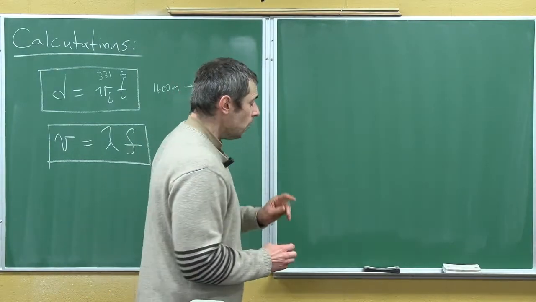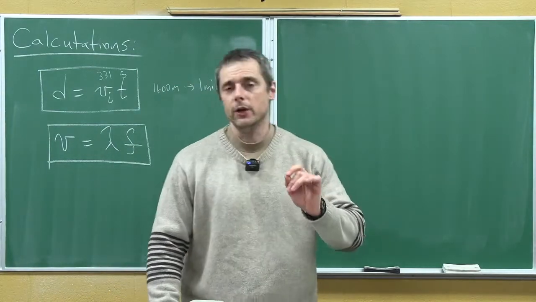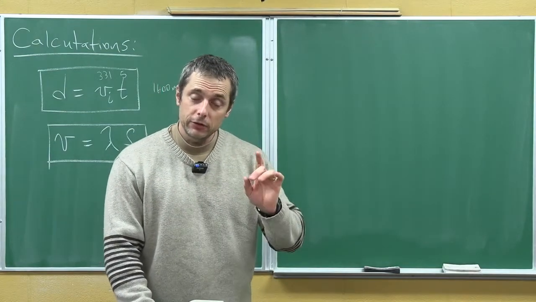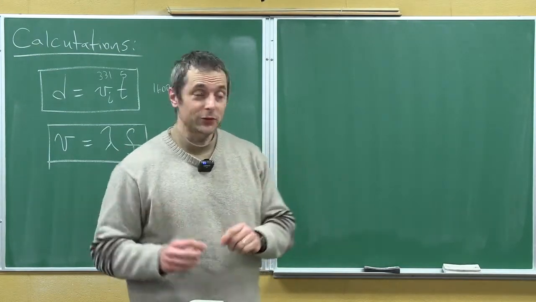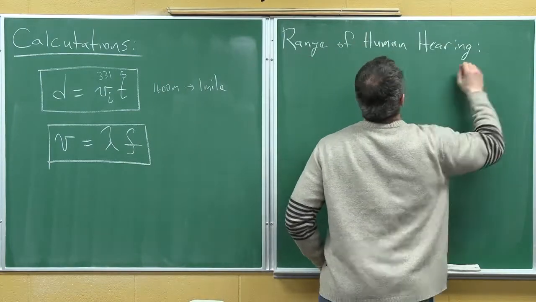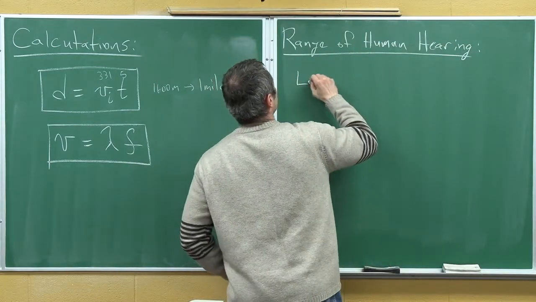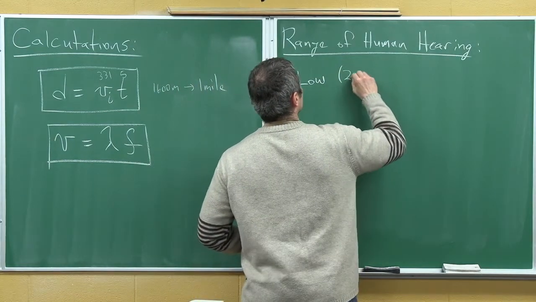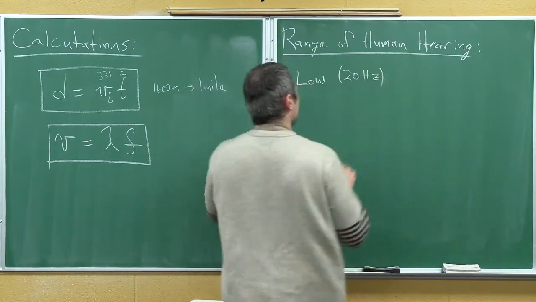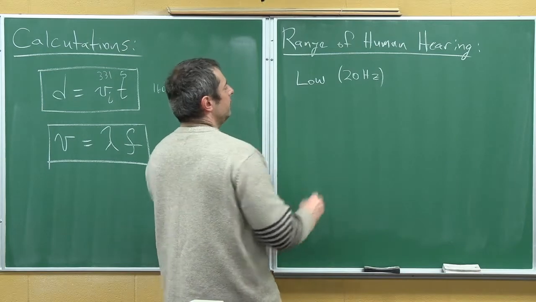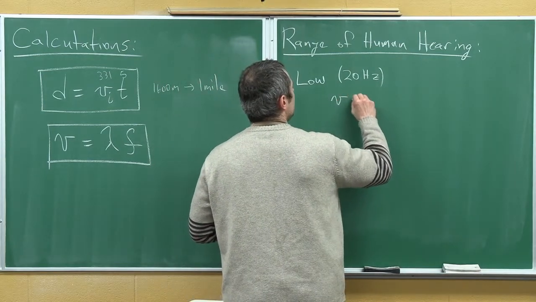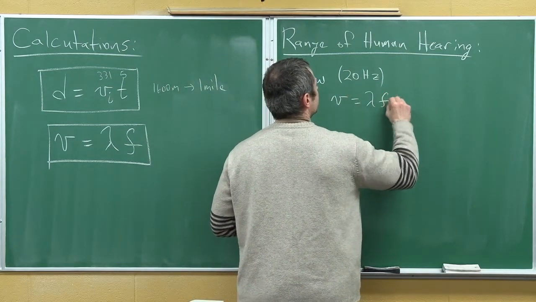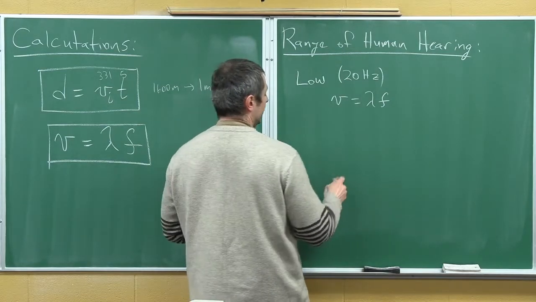But for the 20 hertz sound, what we're going to do is calculate the wavelength of a 20 hertz sound. So let's start at the low end. 20 hertz. To figure out the wavelength, we have to use v = λf, or frequency times lambda, like on the reference table.